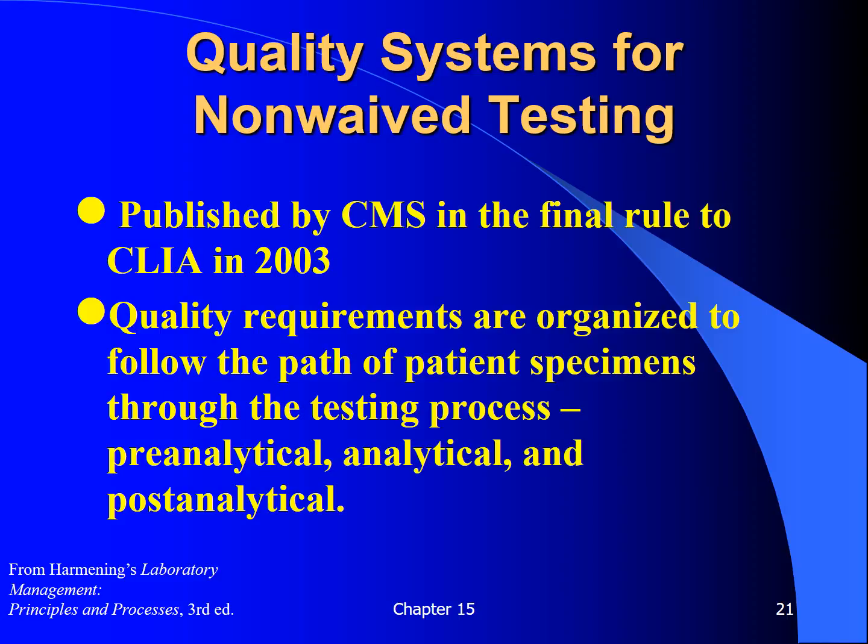The analytical requirements address the procedure manual, all components associated with a particular test system or instrument, verification of methods performance specifications before routine implementation, maintenance and function checks, calibration and calibration verification, and quality control procedures. This section also includes additional requirements for specialty testing, such as bacteriology and immunohematology.